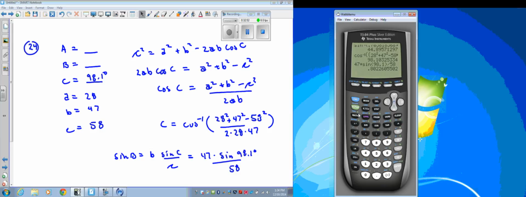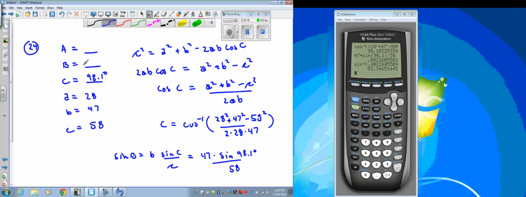So now I'm going to do this sine inverse. Okay, dang it. And I got 53.3, and that was B. And now we can find A by just subtracting, right?